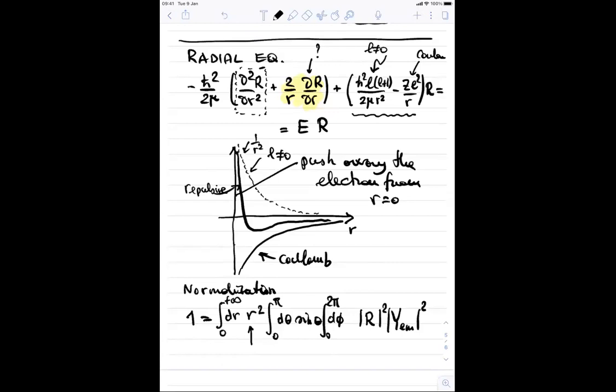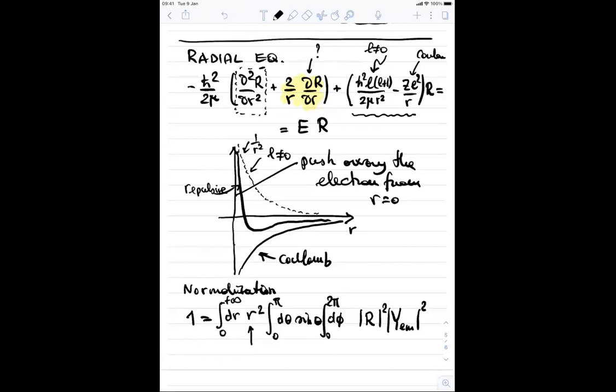I think it now shows us particularly that if we think about L equals 0 for the s orbital, there is in a way some sort of attraction.